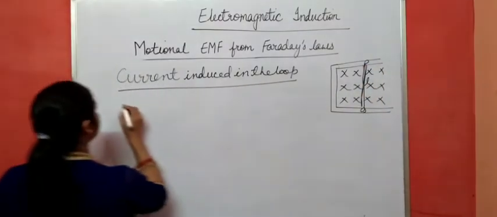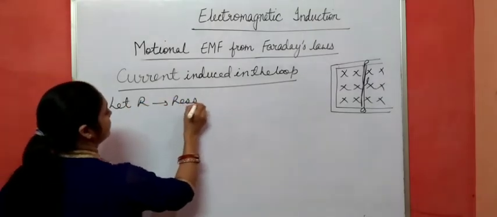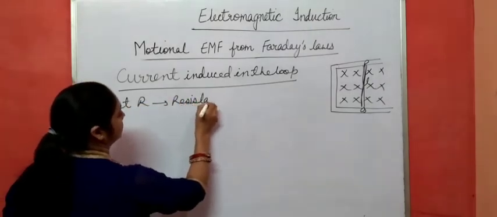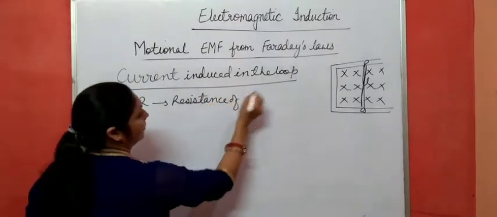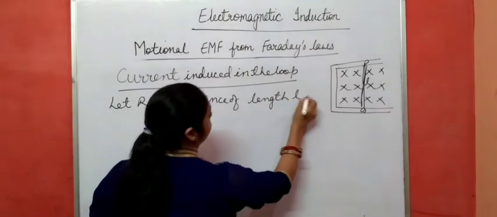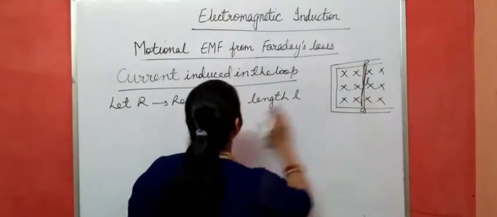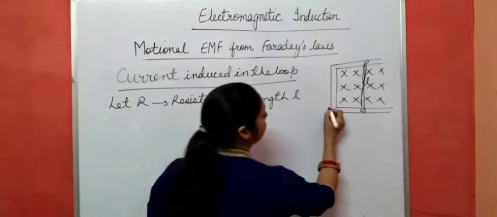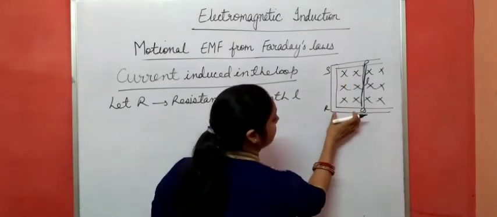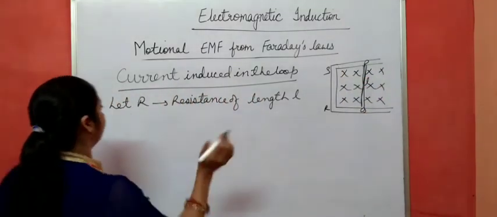Now let us suppose that R is the resistance of the conductor of length L. The resistance of this PQ is capital R, and the other arms, RQ, RS and SP, have negligible resistance, right?